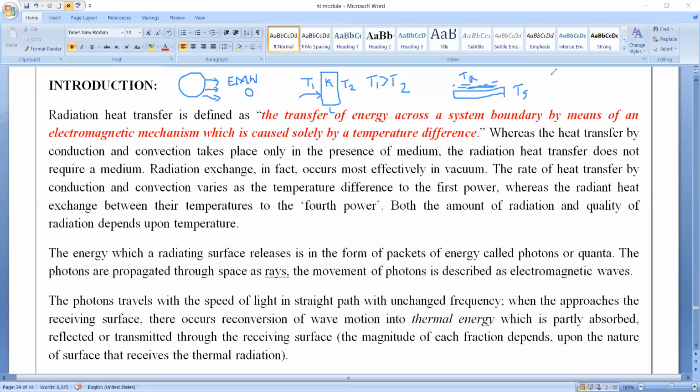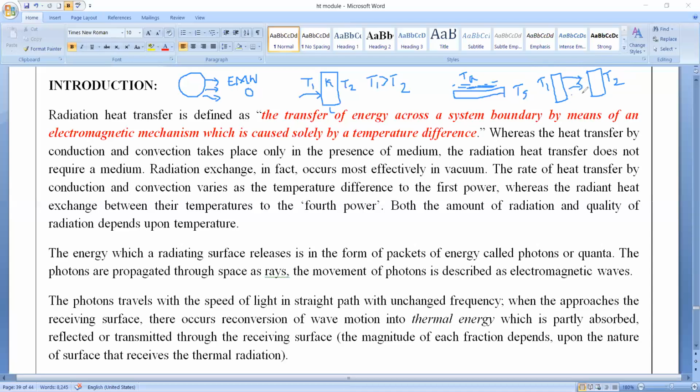Similarly, if we consider two plates which are maintained at two different temperatures, say T1 and T2 respectively. The first plate is maintained at temperature T1 and the second plate is maintained at temperature T2. Now if we assume the temperature of the first body is more than the temperature of the second body, then definitely the heat will flow from the high temperature body to the low temperature body.